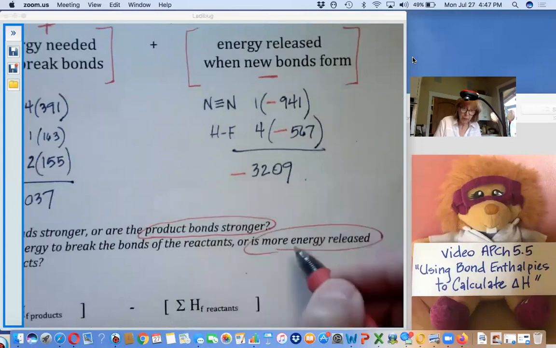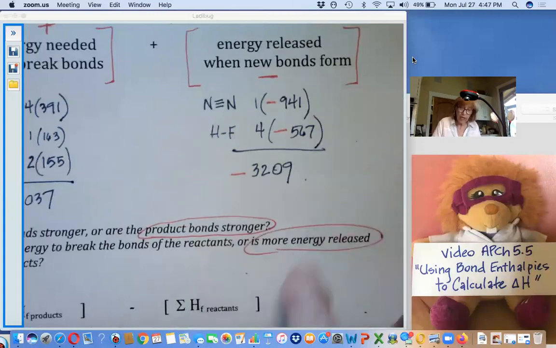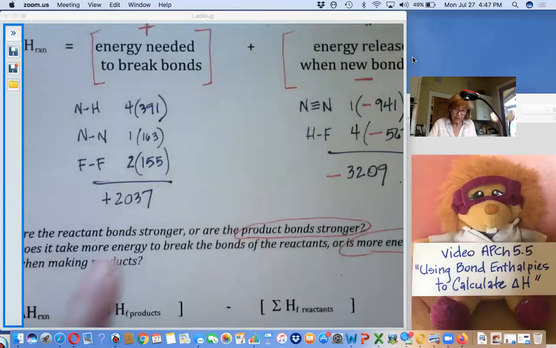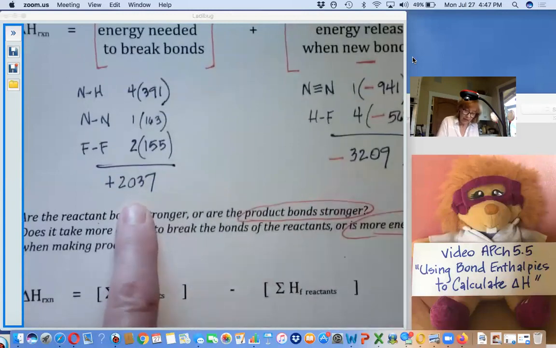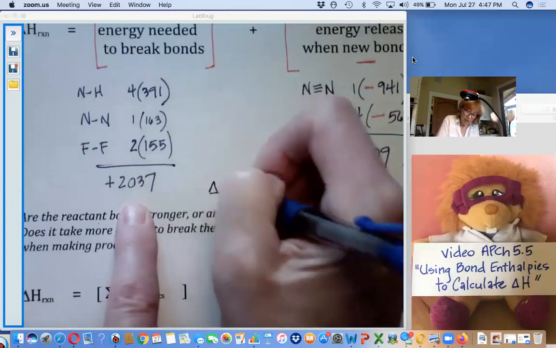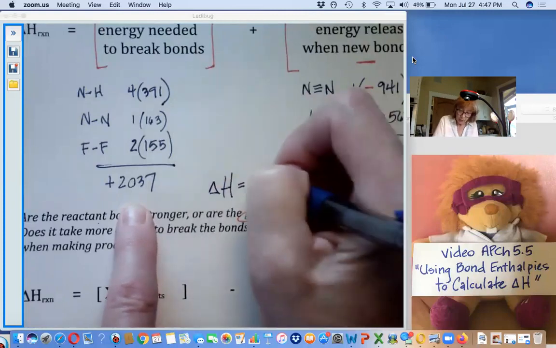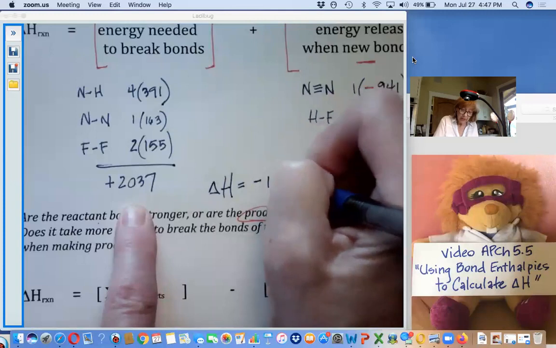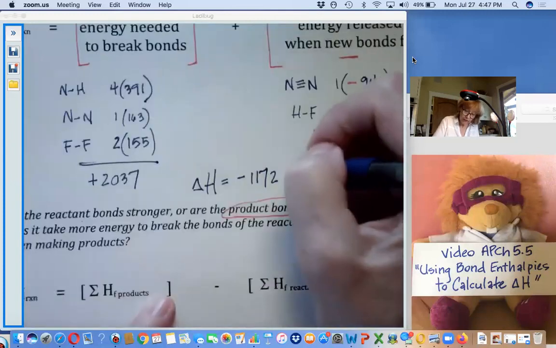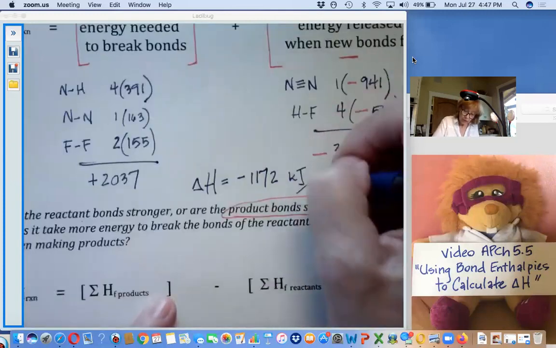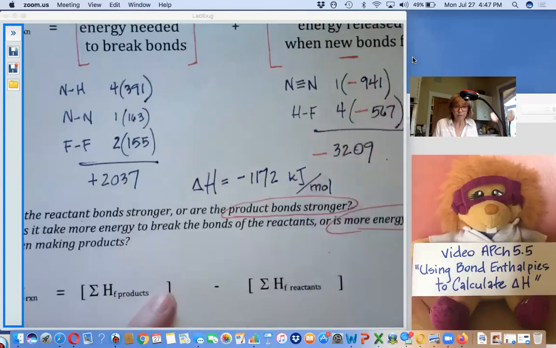Answer, for this particular reaction, more energy is released. So when I add these 2 pieces together, the net sum for my enthalpy change of reaction is negative 1,172. Don't forget the unit, kilojoules per mole.